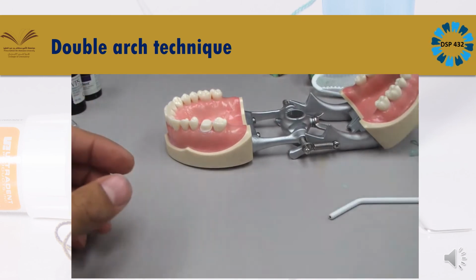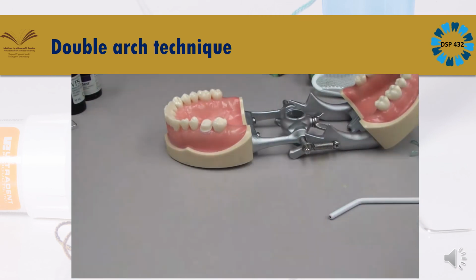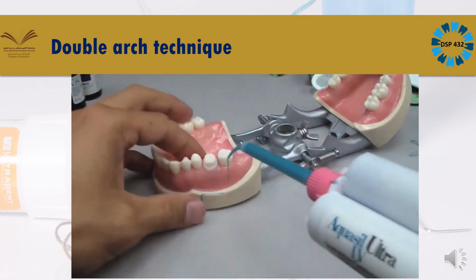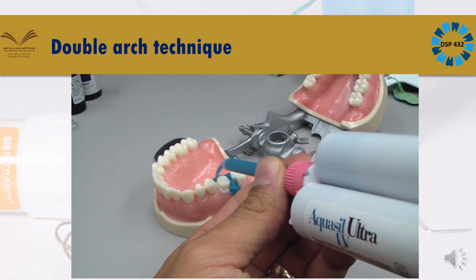Before that, you have to put the light body impression material all around your prepared tooth surface and on the occlusal surface of your adjacent tooth. All these things you have to do after your gingival tissue retraction.